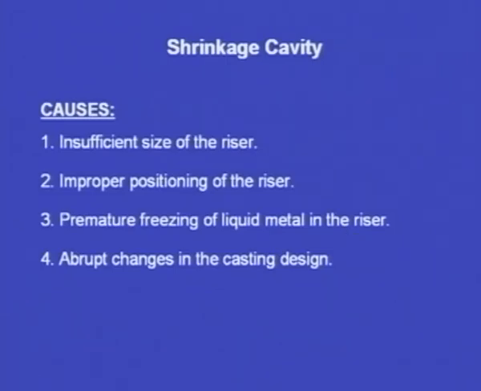The riser has to solidify after the casting, then only it can feed the casting during solidification. It can so happen, if the design is not correct, the liquid metal in the riser may solidify first, then it can't compensate the shrinkage cavity. Next one, abrupt changes in the casting design. This may be responsible for shrinkage cavity.